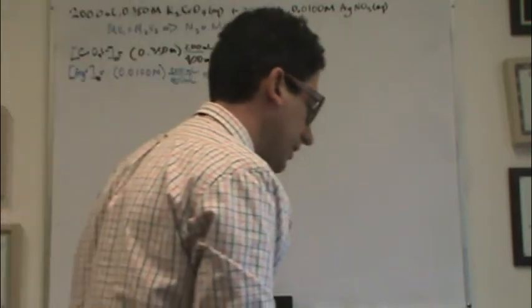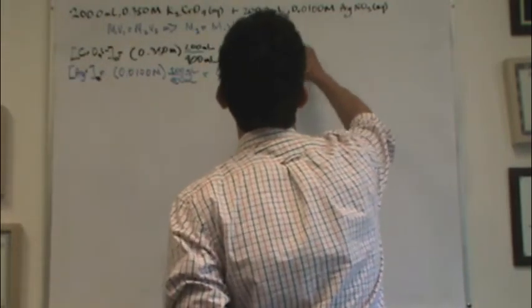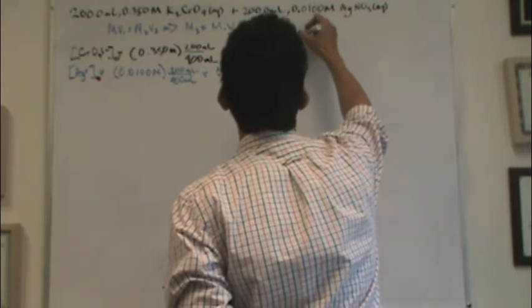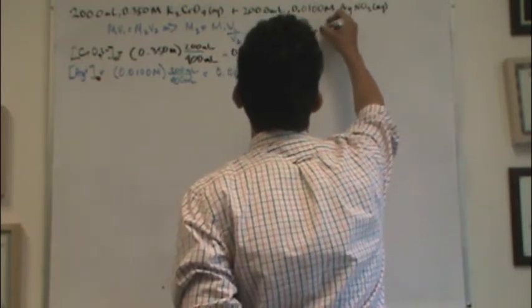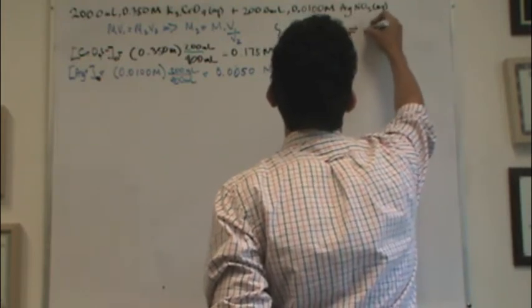There's a couple things I can do. What we're expecting, I'll write it over here on the right hand side. We're expecting that the silver and the chromate will form this solid according to this reaction.